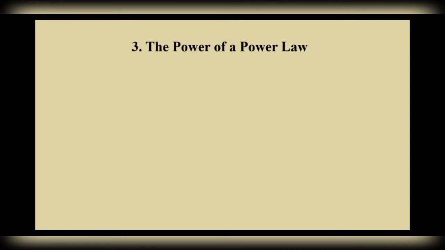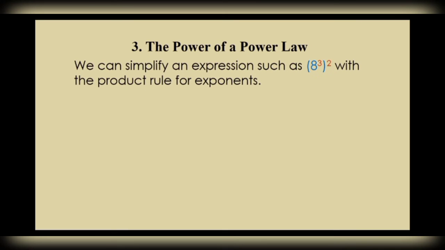Now the third law, the power of a power law. We can simplify an expression such as 8 to the power of 3 whole squared with the product rule for exponents. 8 to the power of 3 whole squared can be written as 8 to the power of 3 into 8 to the power of 3, that is, 8 to the power of 3 multiplied by itself 2 times.